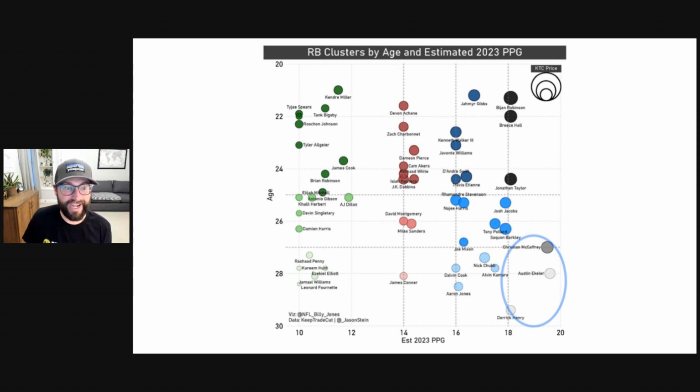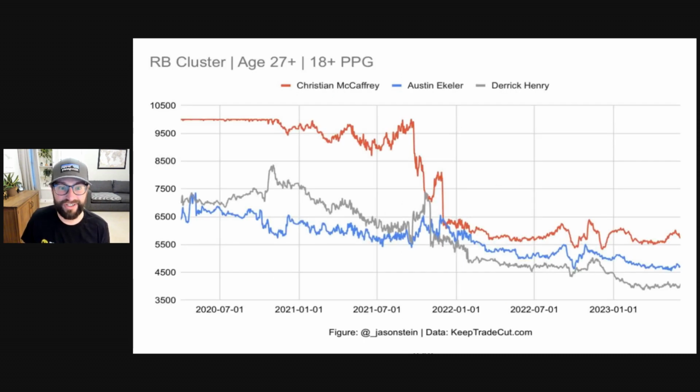So McCaffrey was hanging out around a KTC max of around 10,000 here. We're going to look at this chart here, or slightly below that, for a long time. But he fell substantially through the 2021 season, and then baseline between 5,500 and 6,500 KTC from there. Elliott and Henry's 3-year paths are fairly similar.